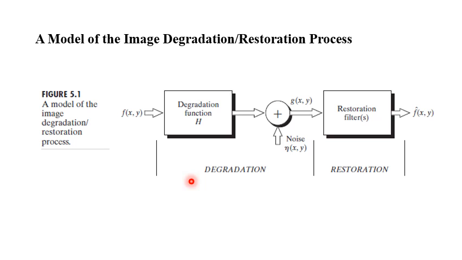The degradation process should be known, along with a priori information about the additive noise eta of x comma y. Thus you will be able to design the restoration filter which can produce an estimate f cap of x comma y, where the difference between f of x comma y and f cap of x comma y should be very minimal.